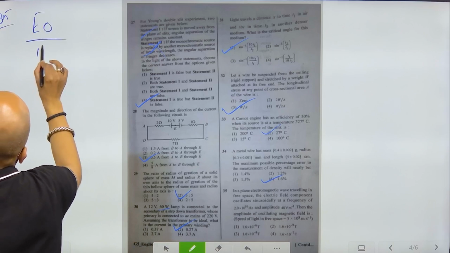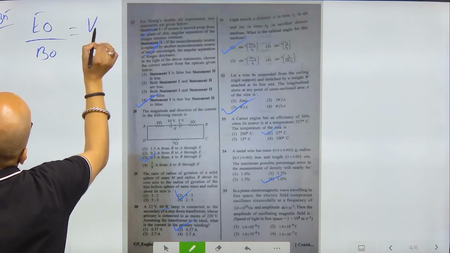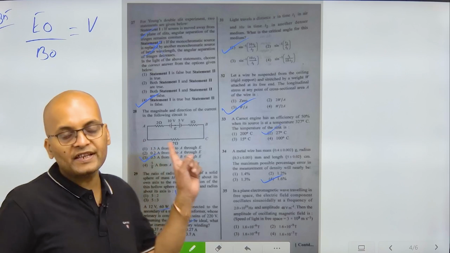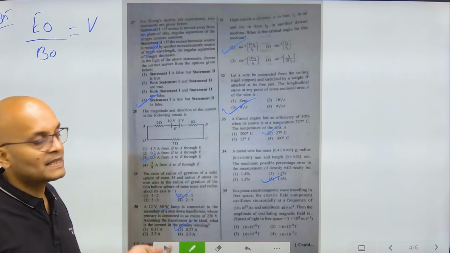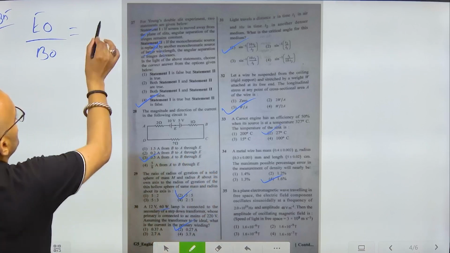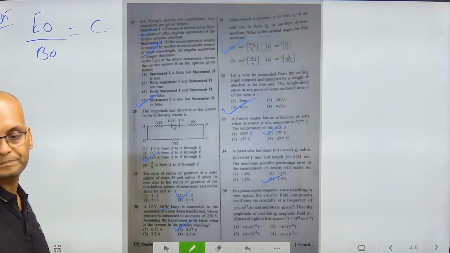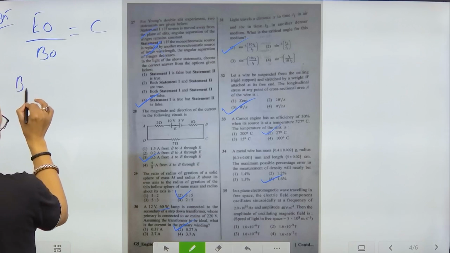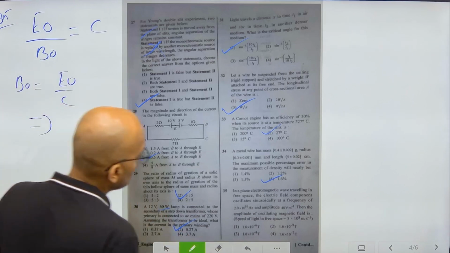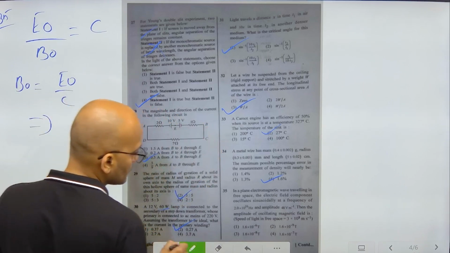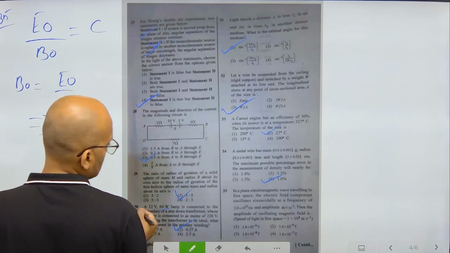E naught upon B naught is equal to V. E by B is equal to V, where V is the speed in the medium. Here the medium is air. So E by B is equal to C. Yes or no? So B is equal to E naught by C. E naught is given.